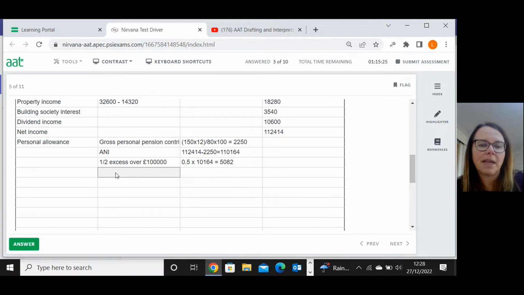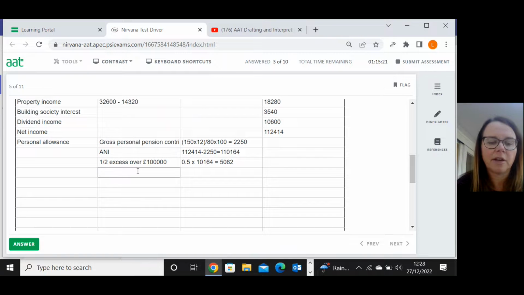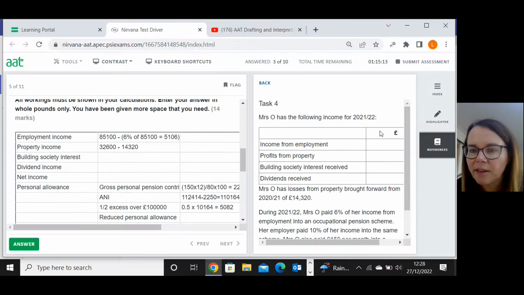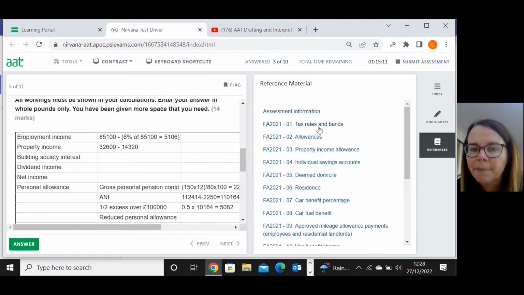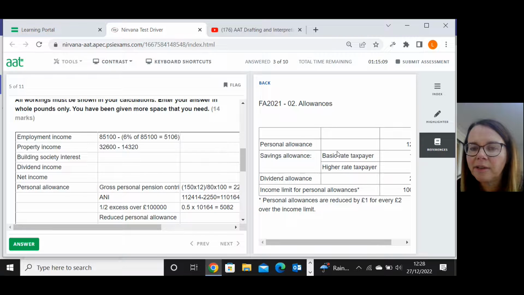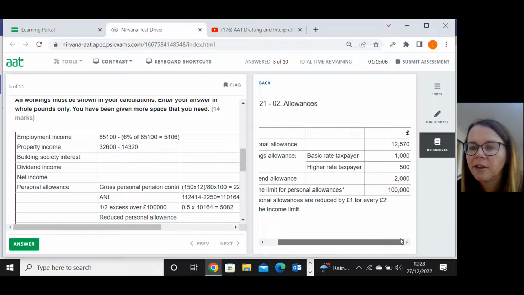And then we work out the personal allowance. So reduced personal allowance is going to be, and again, if you're like me, you've got a brain like a sieve, you can't remember the figure. You can go in here, look at allowances, personal allowance, 12,570.